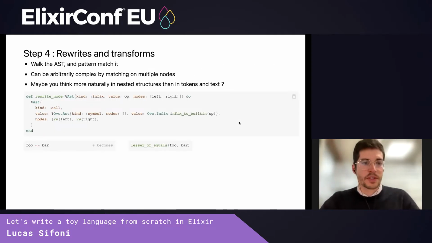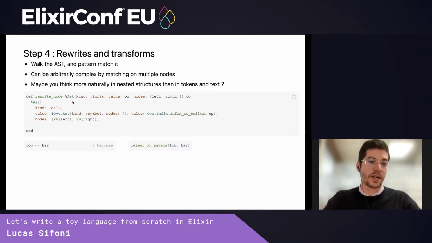The fourth step I took is to think about program rewrites. So Elixir is very well suited for that with pattern matching. The idea is to recurse over the whole AST, just like I did in the printer, but instead of printing, you take that as an opportunity to match on specific patterns.